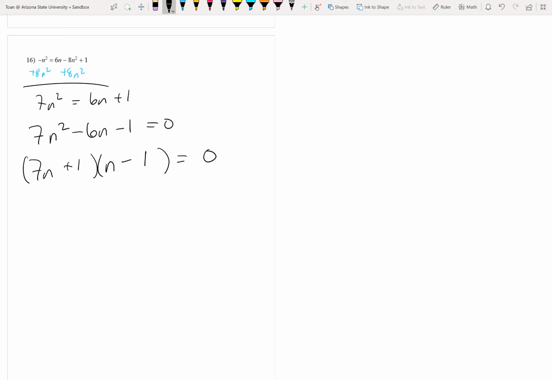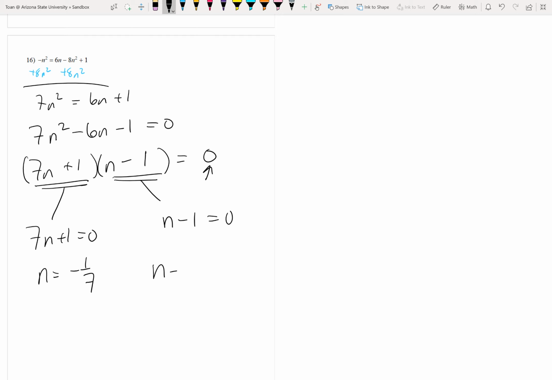The reason we want to factor it is because we can use the zero product property, which says if you have a multiplication problem, this times this equals 0, then each individual factor will equal 0. And then you can just solve these linear equations. n equals negative 1/7, n equals 1. Those are your two answers.